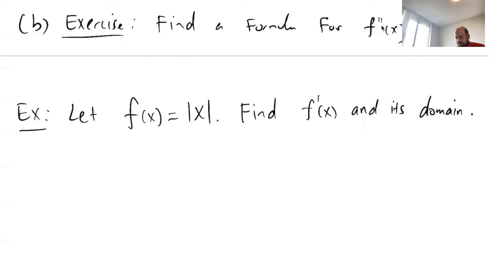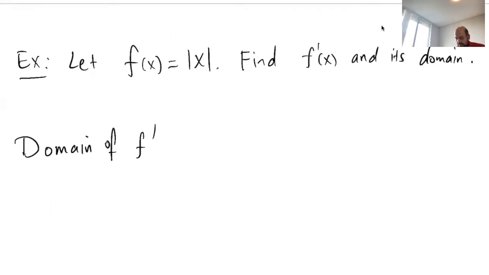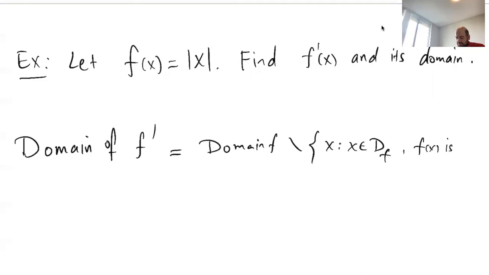So what is the domain of f prime? The domain of f prime is equal to the domain of f minus the set of points in the domain of f, let's say points a, such that f of x is not differentiable at x equals a.